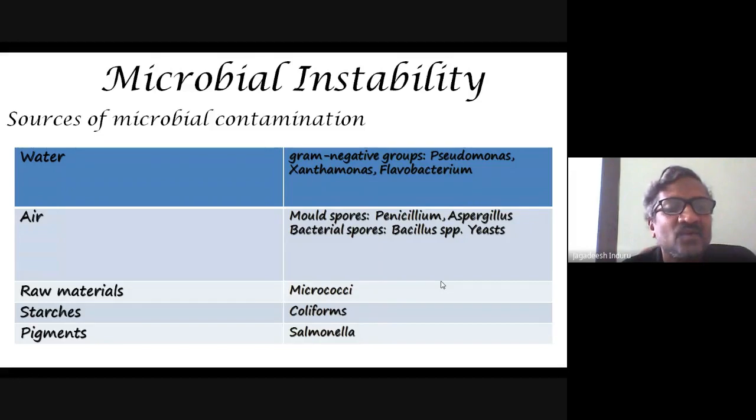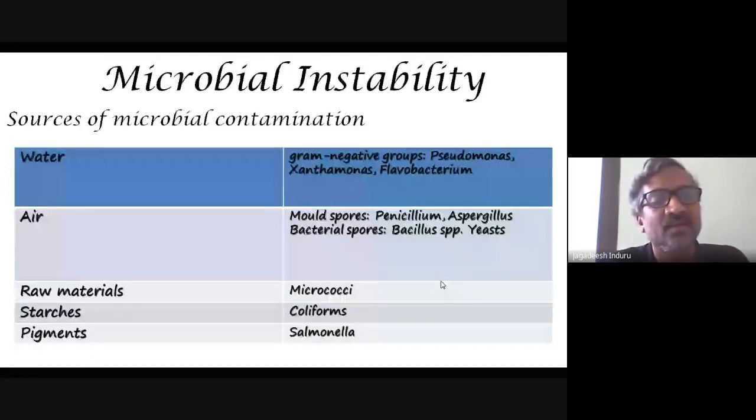Another major source, the third one, is the raw materials which we use as an excipient or a drug in our pharmaceutical products. They may have some contamination that enters our product. We can remove it by asking the vendor to purify it if colony forming units are present beyond the limit.